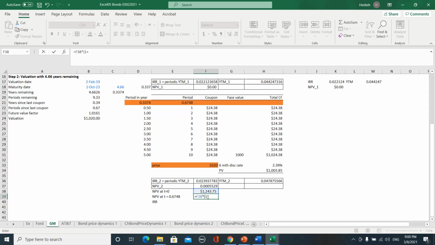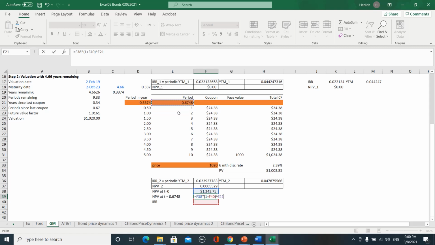Again, the discount rate that you use to move the cash flows to the future is again your interest rate, the discount rate that you don't know. How much do you want to move it into the future? You want to move it from period 0 to period 0.67. So just choose this cell. Okay?